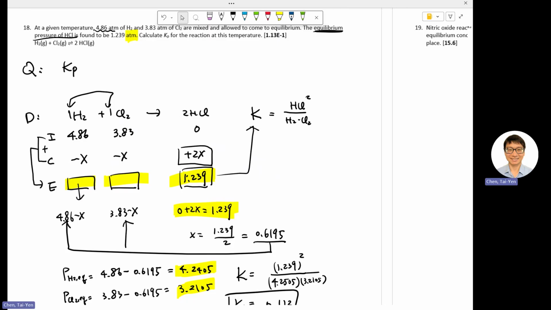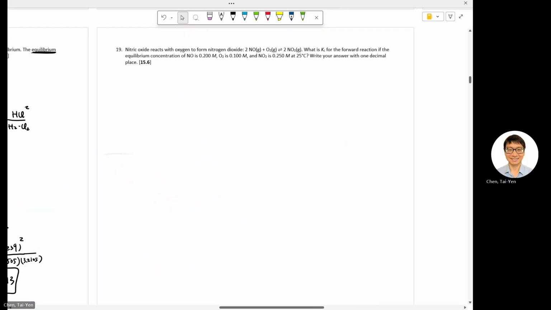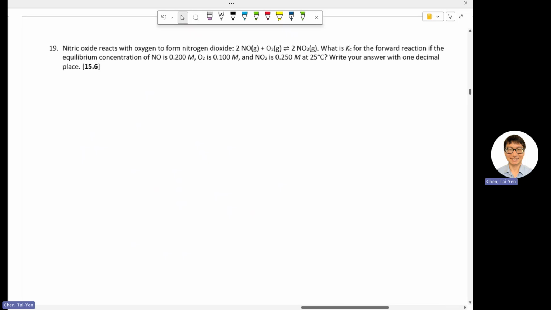If not, then let's go through question number 19. Nitric oxide reacts with oxygen to form nitrogen dioxide following this equation. What is Kc for the forward reaction if the equilibrium concentration of NO is 0.2, O2 is 0.1, and NO2 is 0.25 M at 25 degrees C?